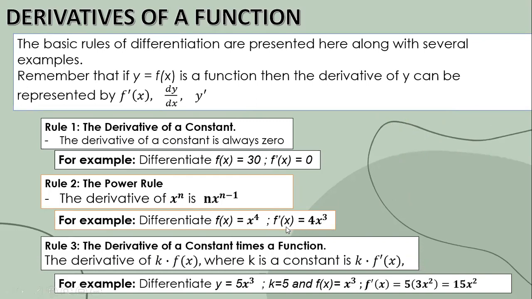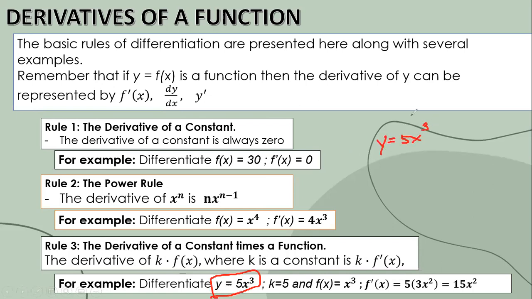For our third rule, the derivative of a constant times a function. So the derivative of k times the function, where k is constant, okay, that is k times the derivative of the function. For example, we have y is equal to 5x cubed.